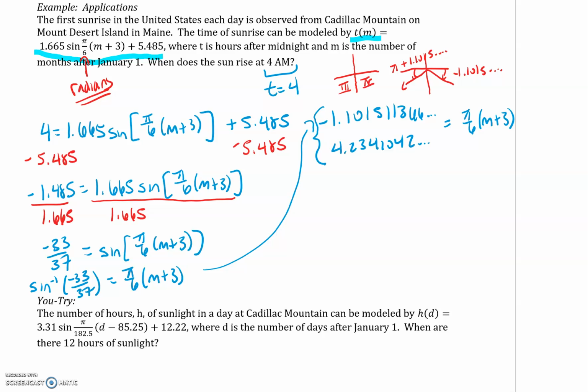So basically we've got two equations to solve now. So negative 1.10151136 equals pi over 6 times m plus 3. I can multiply both sides by 6 over pi or divide by pi over 6. It's the same thing. So I'm going to multiply this by 6 over pi.